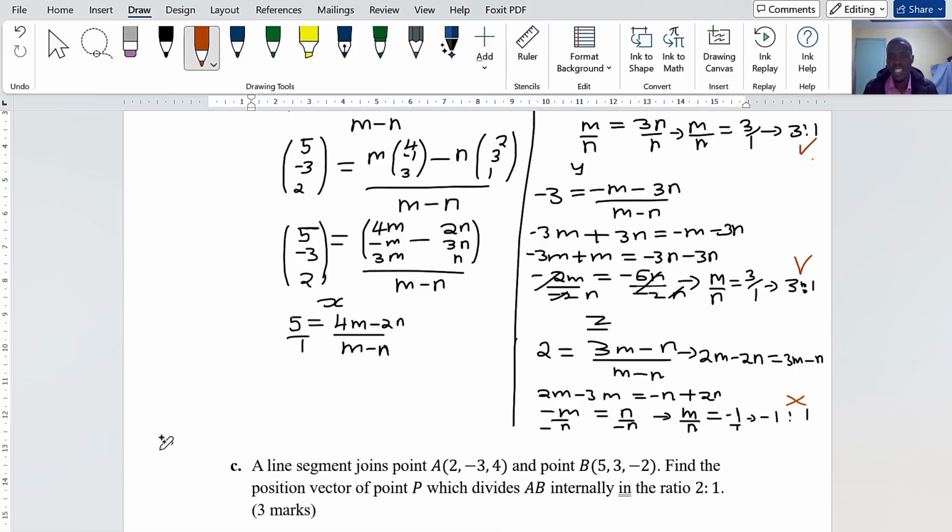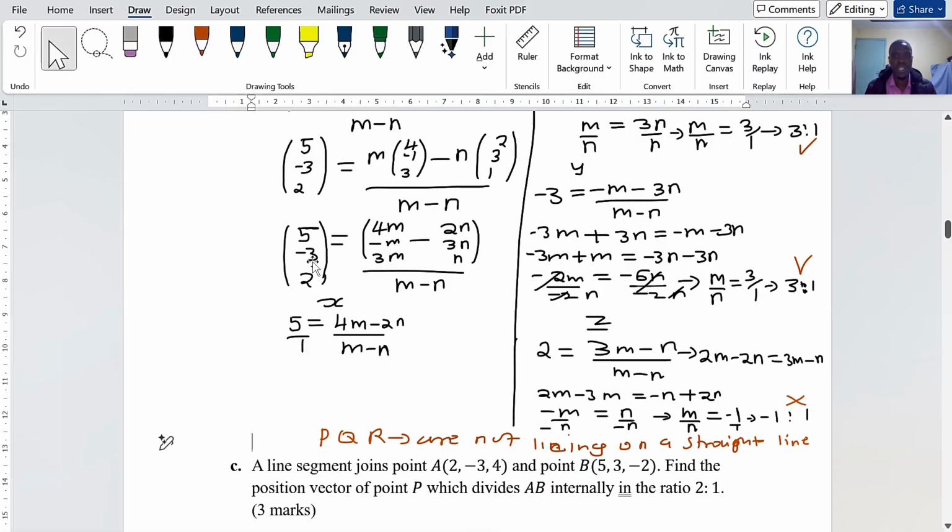So if z doesn't agree with the rest, that means the points P, Q, R are not lying on a straight line. The ratio has to be the same.